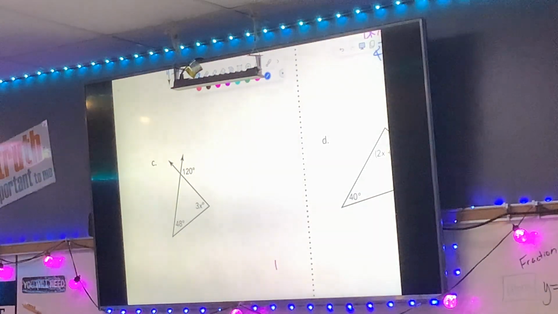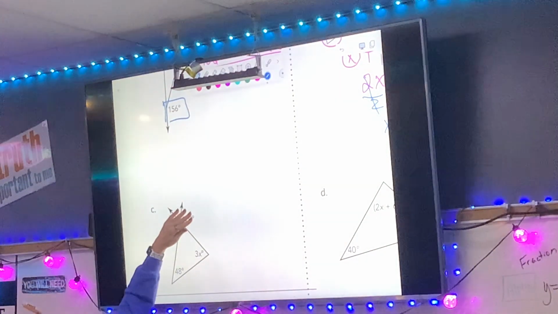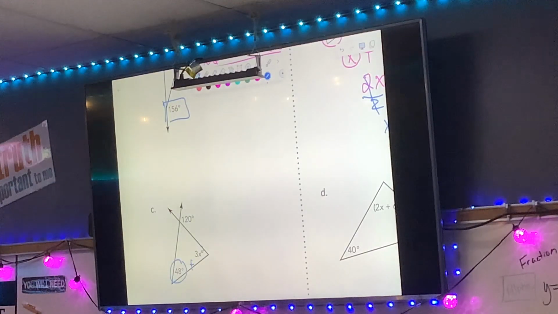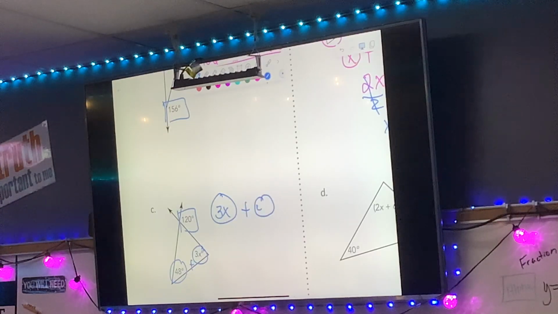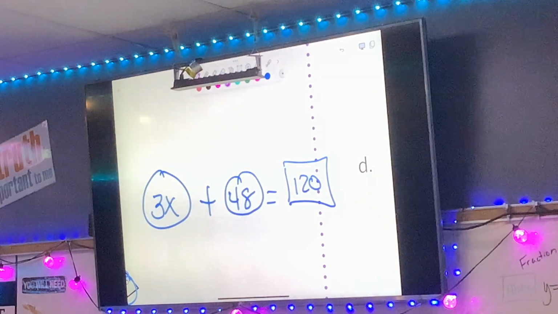Okay, we are still covering our exterior, and we are going to add our two remote interior. So we have 3x plus 48 equals 120. Now think back to 7th grade.